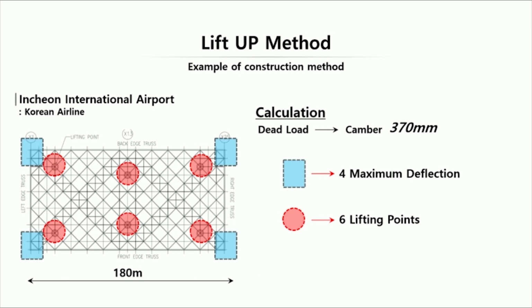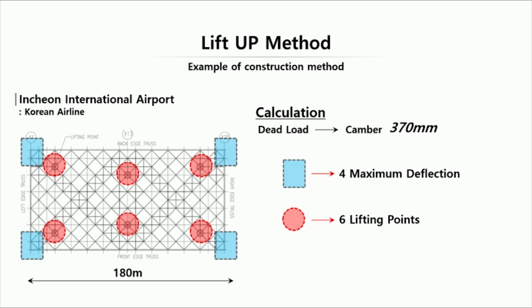After calculating the amount of deflection by dead load on the ground, the roof was produced with a camber of about 370 mm. A total of 6 lifting towers, 3 from the front to back, were planned in consideration of stability during lifting.